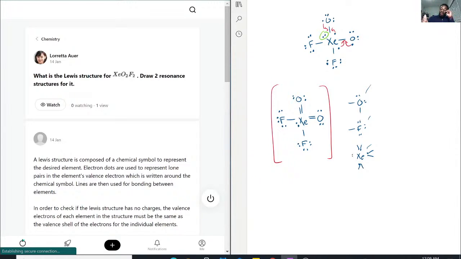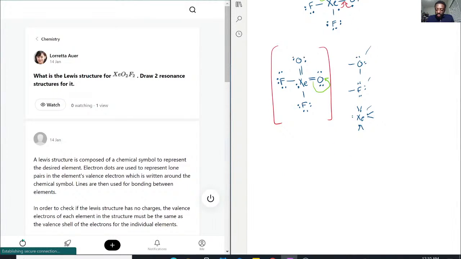So what do I mean by that? If I went ahead and did this, because I already broke the octet rule, there's not really much sense to try to keep the same form. But if I did that, I would then have this form as a possible resonance.